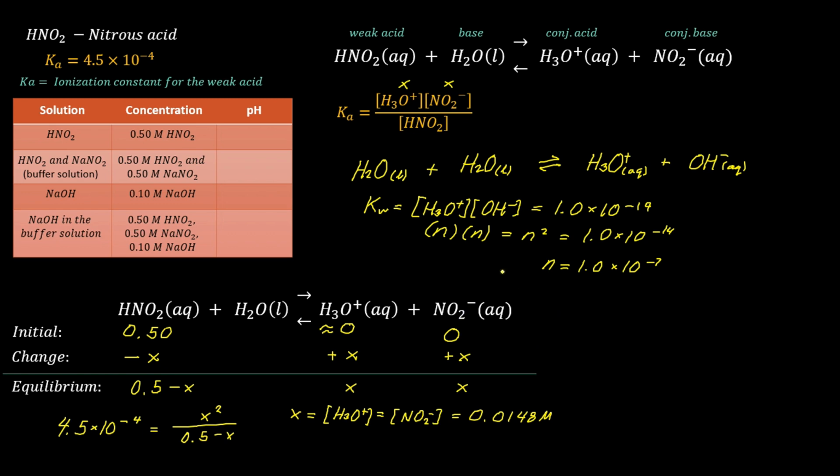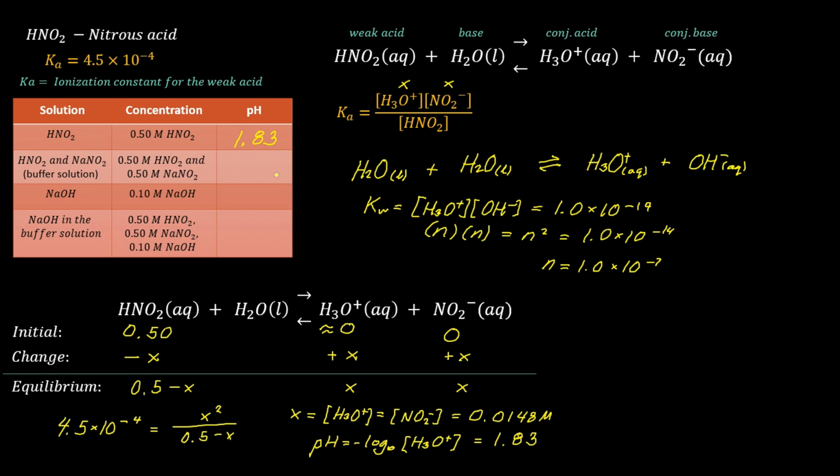The formula for obtaining the pH is simply negative log base 10 of the concentration of hydronium ion. So in this case, we just place this value inside. The value of the pH here that you will get is 1.83. The pH, if you have a 0.5 mole per liter concentration of nitrous acid, is 1.83. Alright, 1.83.